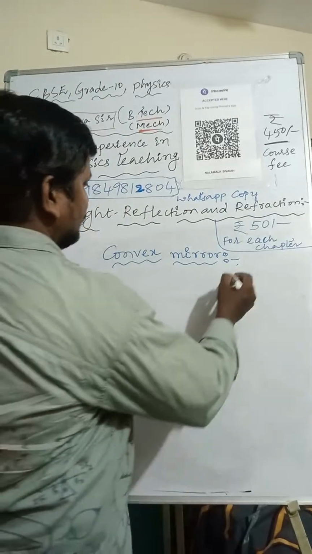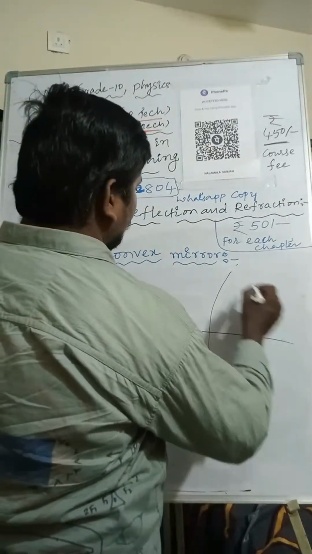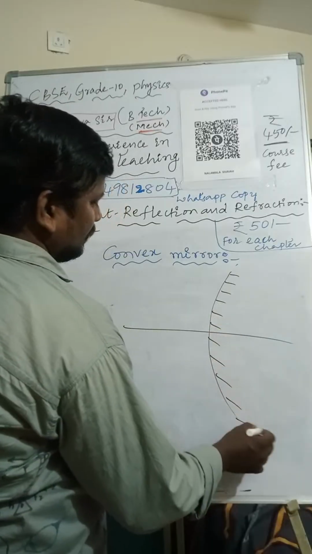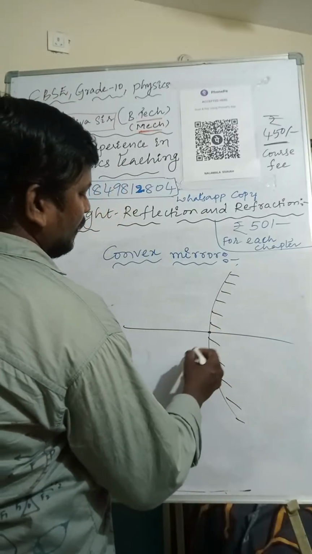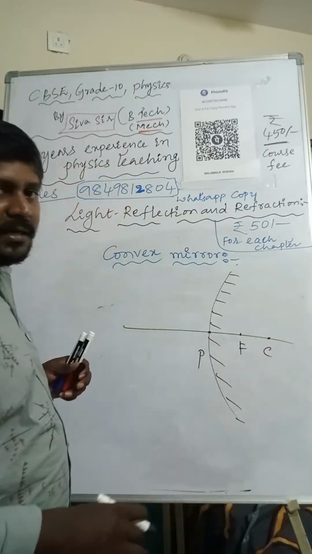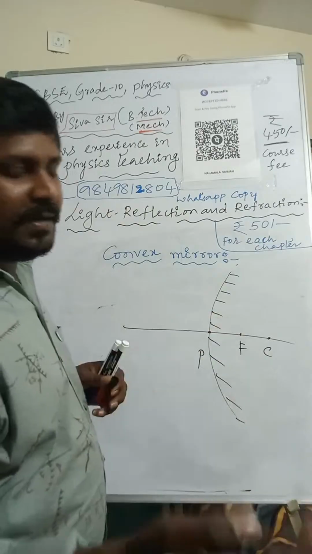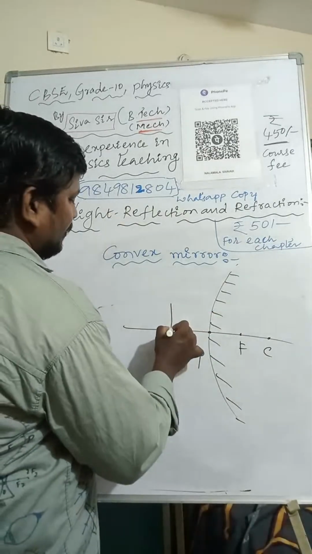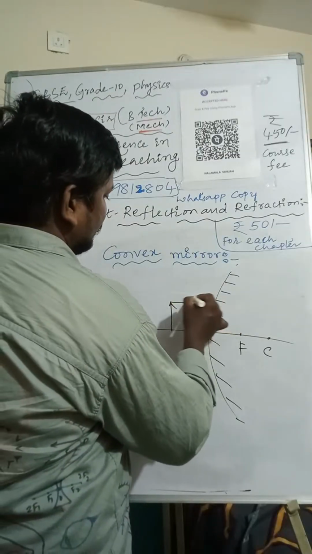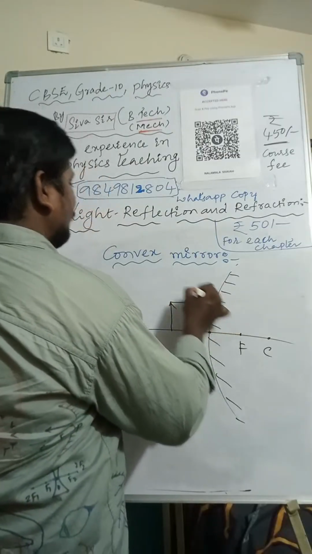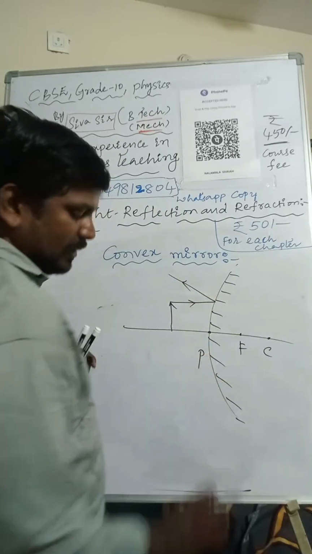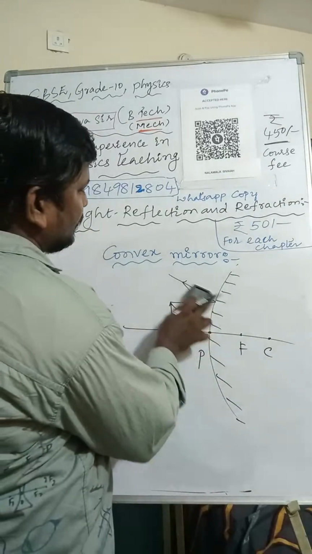I am considering pole, focus, center of curvature. The object is placed anywhere between F and P and infinity. One light ray I am taking like this. It reflects back. Actually it passes through focus.